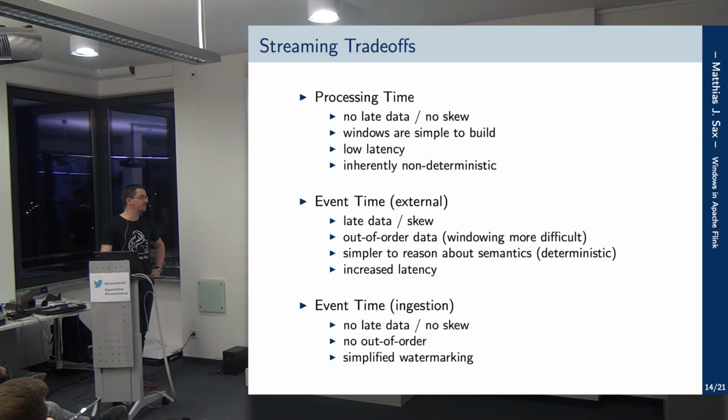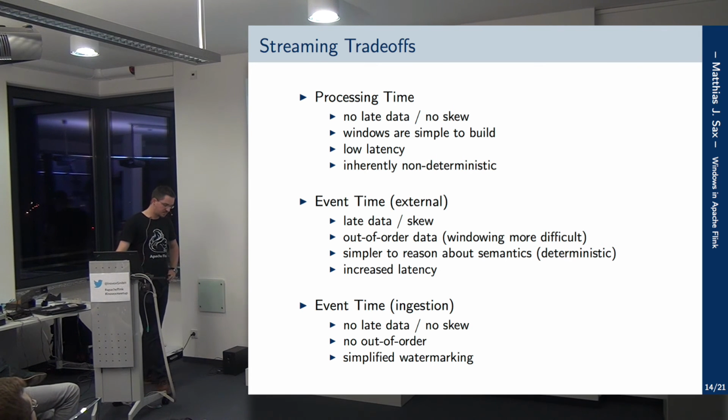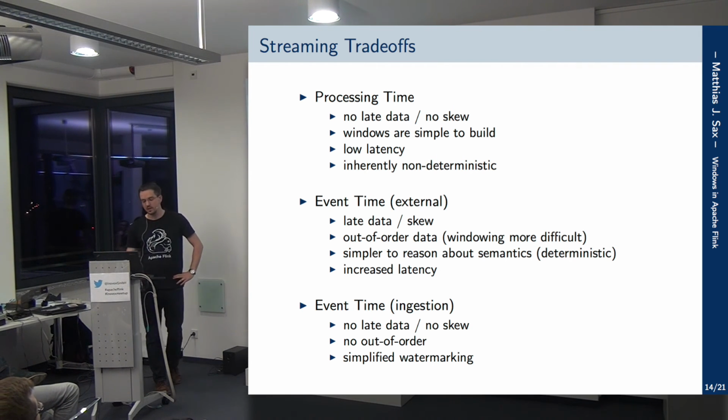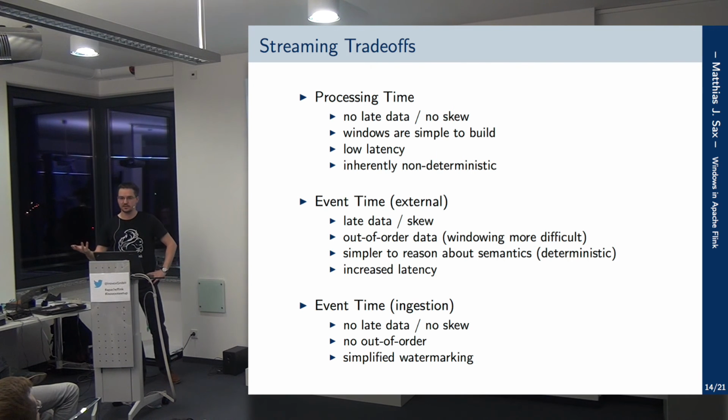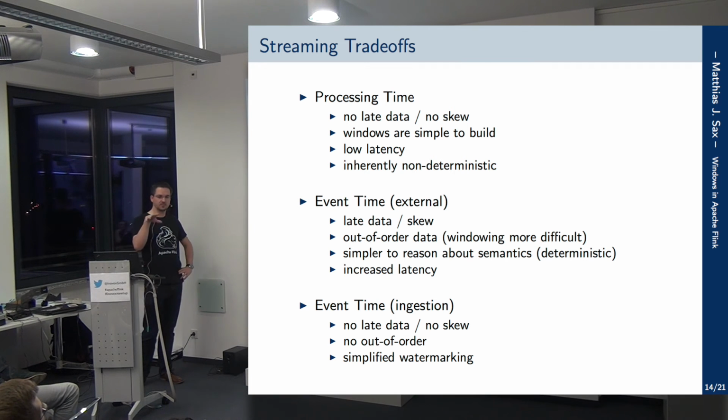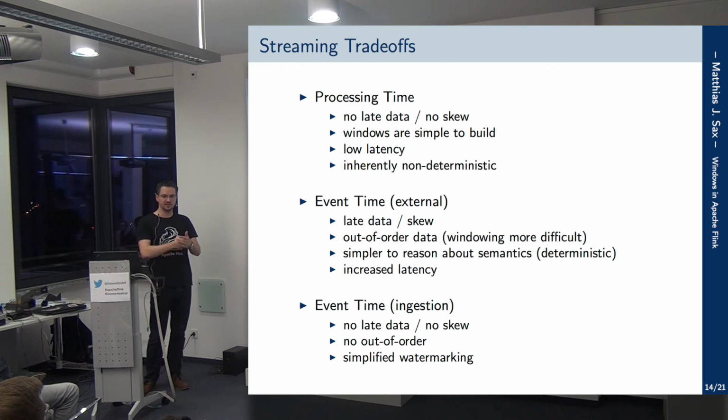And then there is something in between that is also event time, but event time at ingestion. So in this case you say, well, the device that really creates the data does not put a timestamp into the tuple. But now when I receive the tuple at my source, I put a timestamp in the tuple, and this timestamp is now treated as event time.